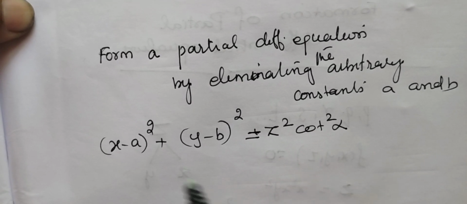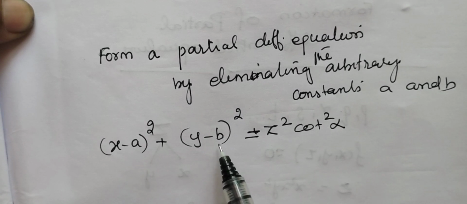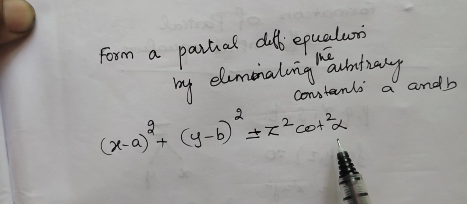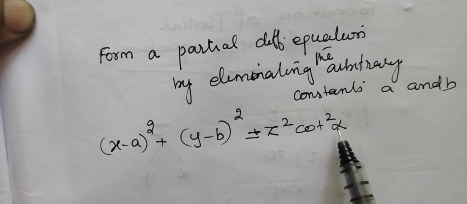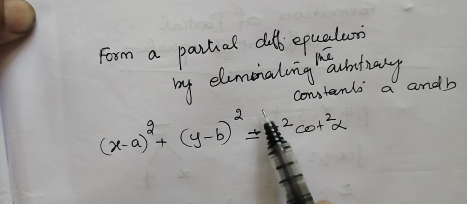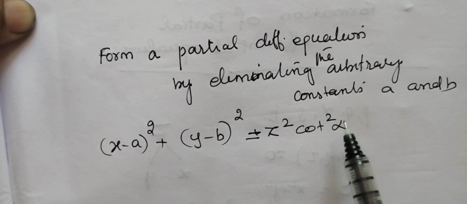So here a is an arbitrary constant, also b is an arbitrary constant, but this alpha is not an arbitrary constant. So you don't need to eliminate this alpha because this is a fixed constant. It will be mentioned in your question paper, that is a and b only.